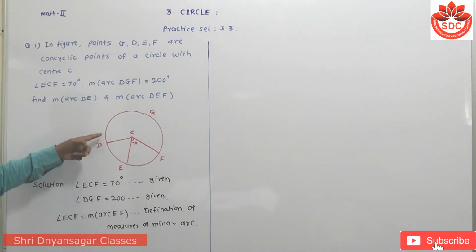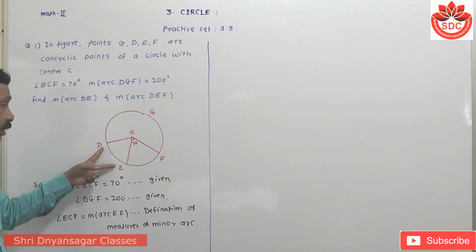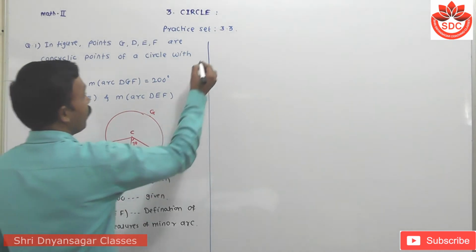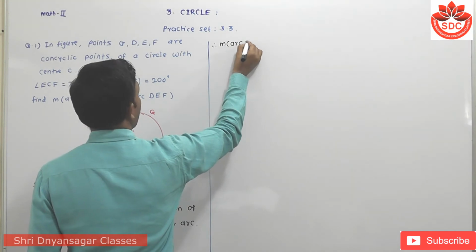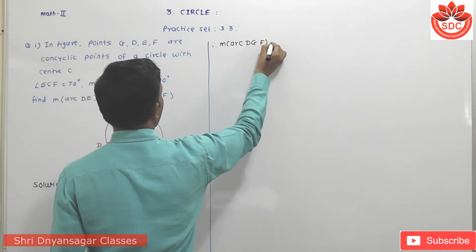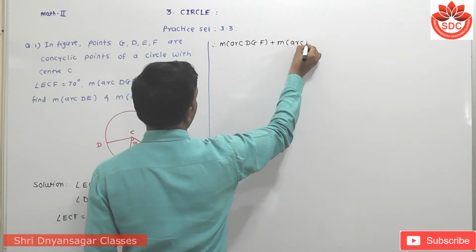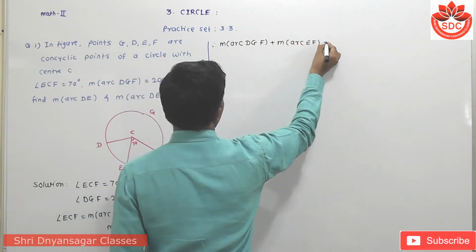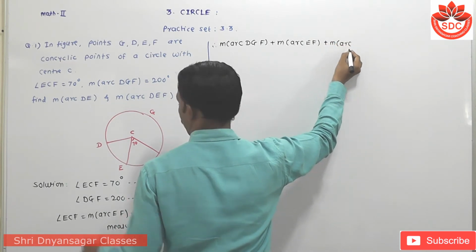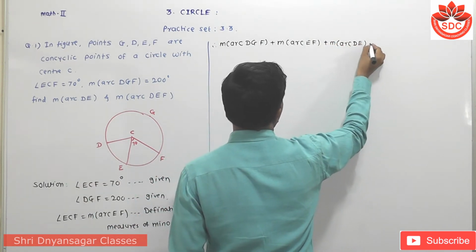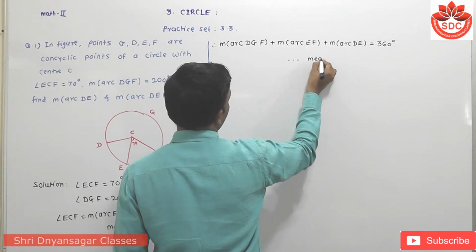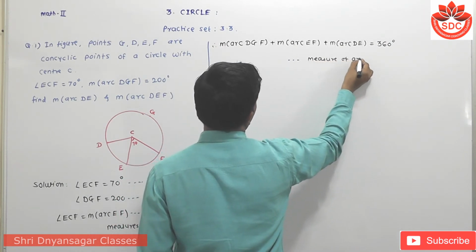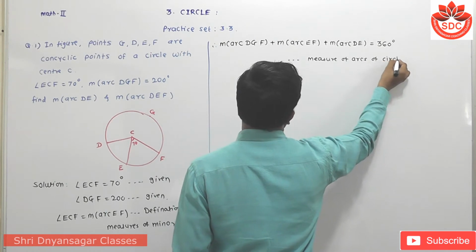Student, the total measure of the arcs of the circle is 360. From this 360, when we subtract 200 and this 70, we get the measure of arc DE. So first I will write: therefore, measure of arc DGF plus measure of arc EF plus measure of arc DE is equal to how much? 360 degrees, because the measure of arcs of a circle.